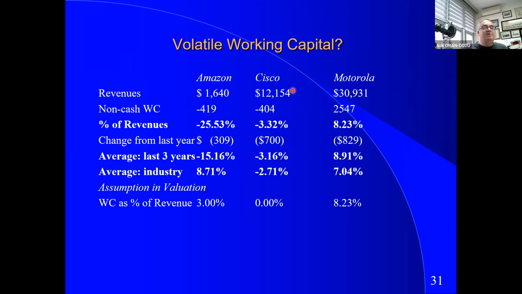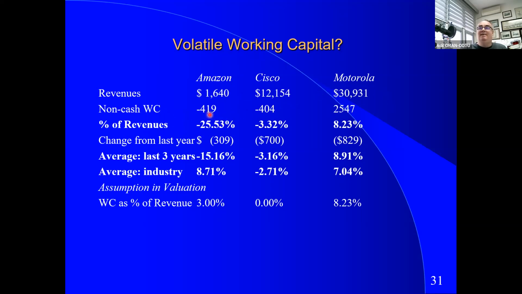Okay, Amazon, Cisco, and Motorola, 3 examples of companies. Motorola was positive, but Amazon and Cisco had negative non-cash working capital. So Amazon minus 419 million, Cisco minus 404. And as a percentage of revenues for Amazon, this was about 25% of their revenues.